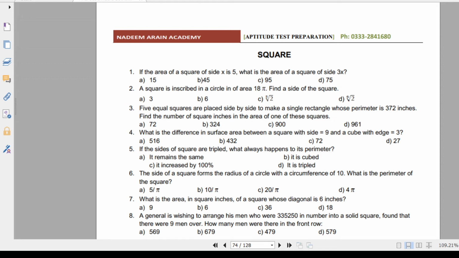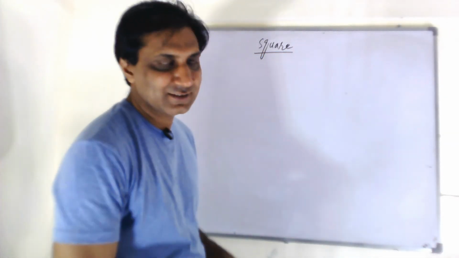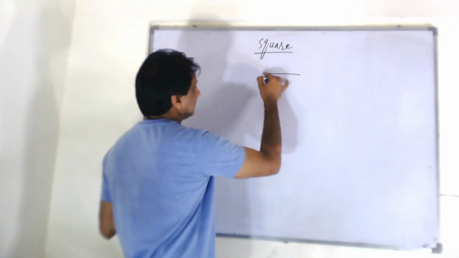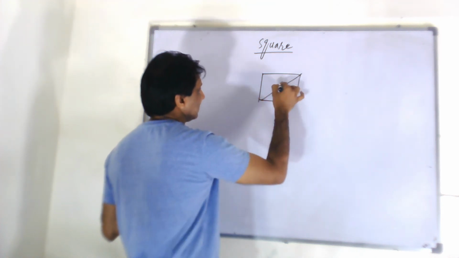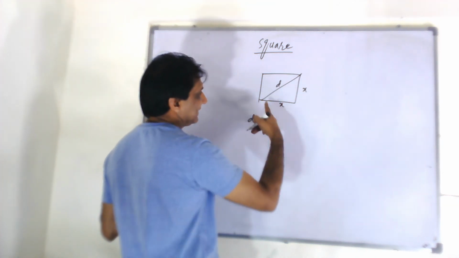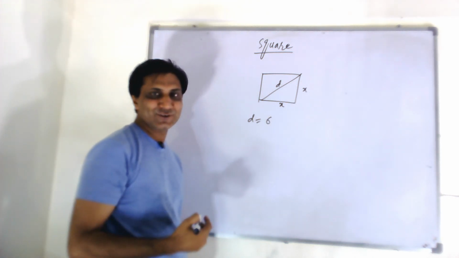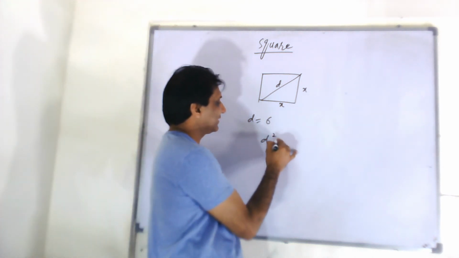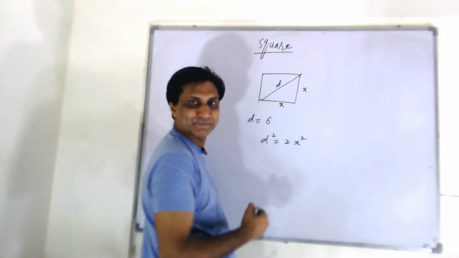The question says, what is the area in square inches of a square whose diagonal is 6 inches? So diagonal is given, 6. Remember, d square is equal to x square plus x square. So d square is equal to 2x square.